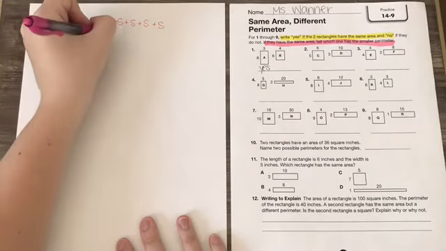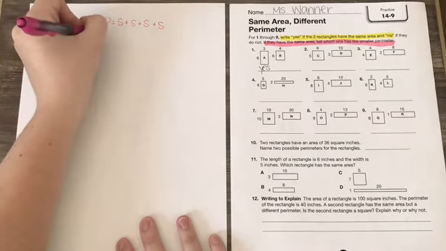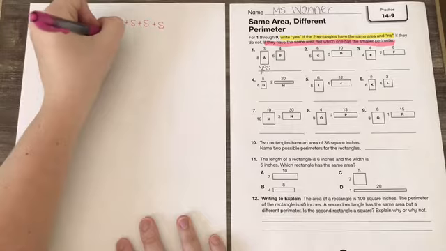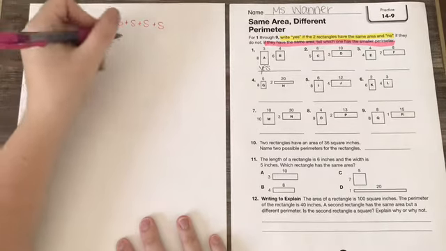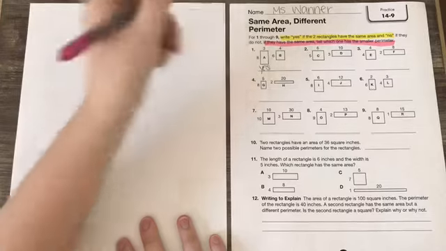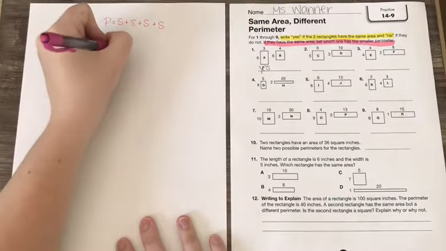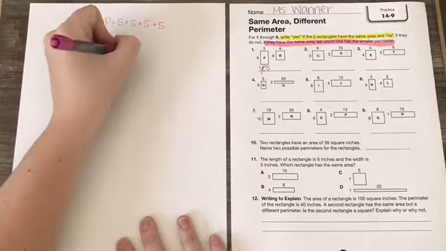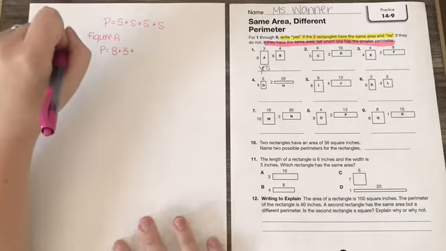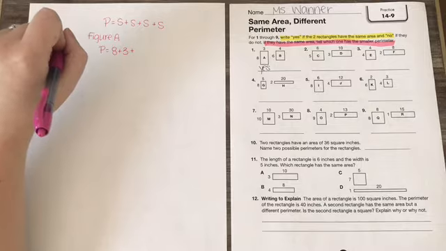And now I'm going to plug it in. For figure A, I have a perimeter equals a side, which is 8, plus another side, which is 3. And now we're going to use our knowledge of rectangles.